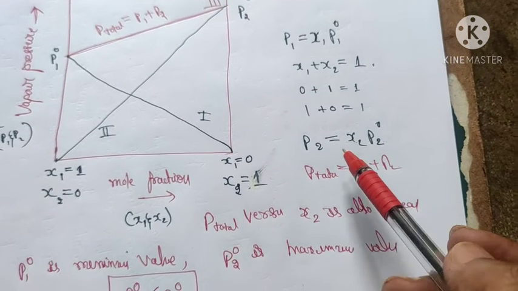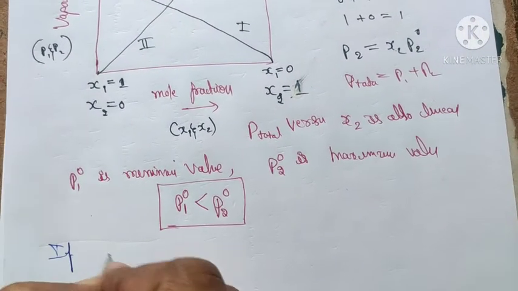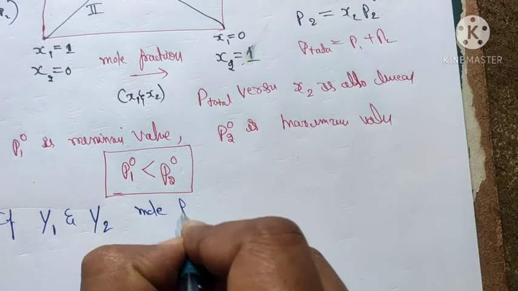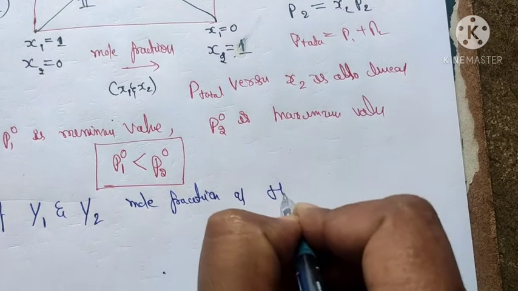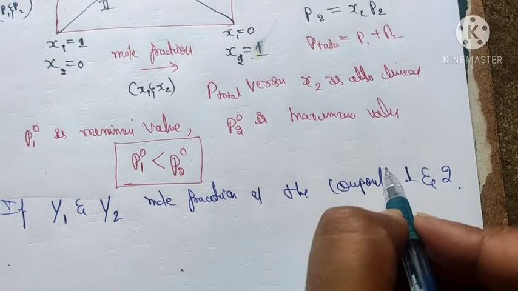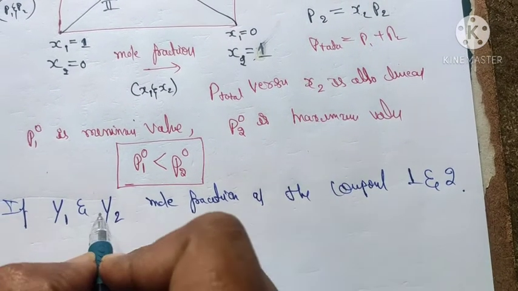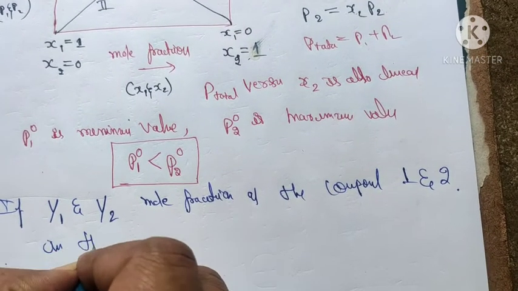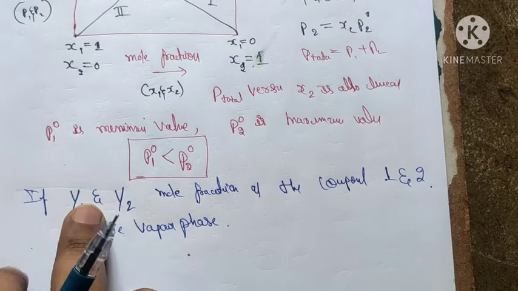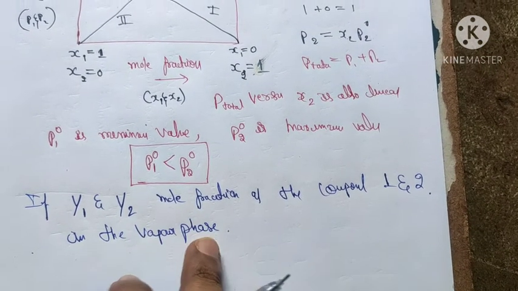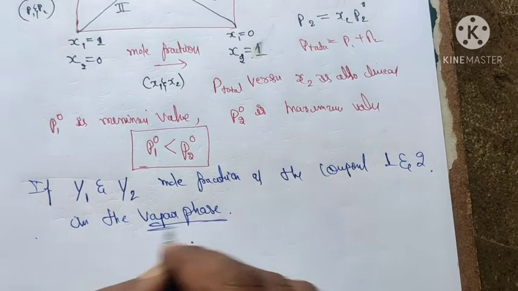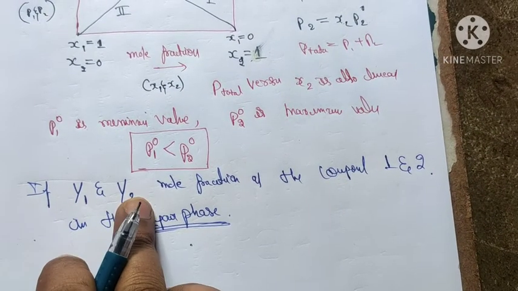Let us discuss: y1 and y2 are the mole fractions of components 1 and 2 in the vapor phase. x1 and x2 are the mole fractions in the liquid phase, but y1 and y2 are the mole fractions of components 1 and 2 in the vapor phase.